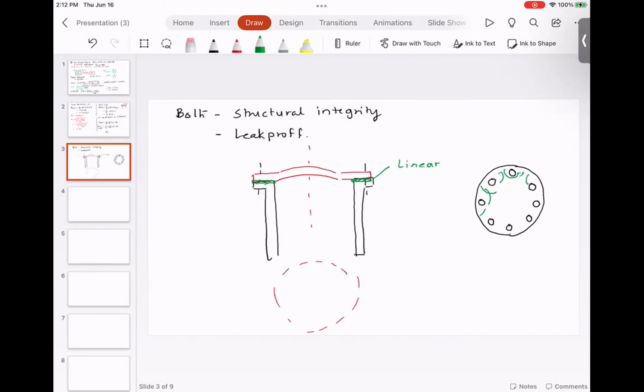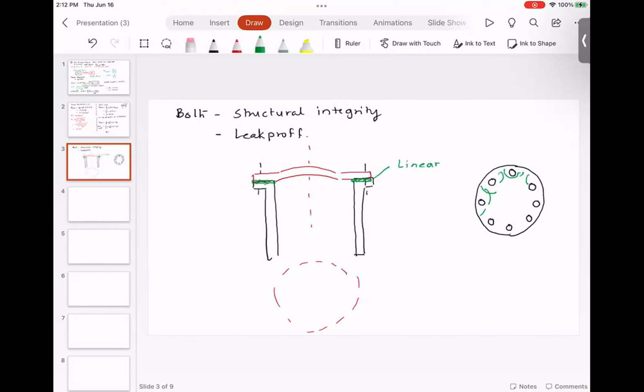So that's why there are design guidelines based on the pressures, the diameters, and the applications. For example, in diesel engines, the bolt design guidelines or number of bolts are different for different cylinder diameters. For gasoline engines it is different.